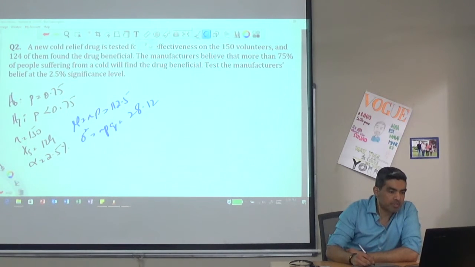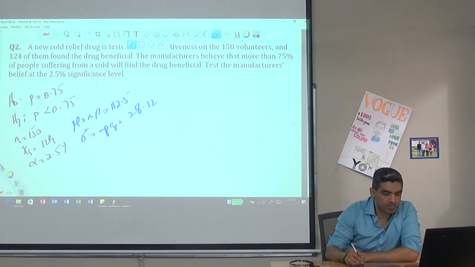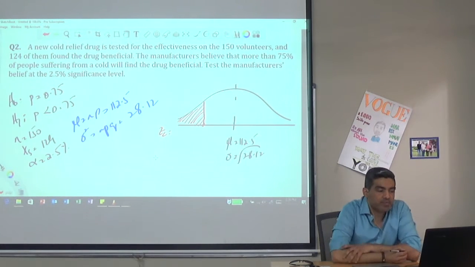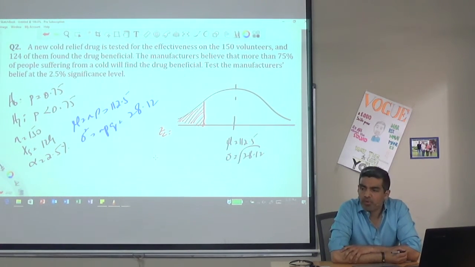We're going to use the normal approximation here. It's a left tail test. The rejection region is on the left. Can we get Z critical? I think we have to check 0.975.